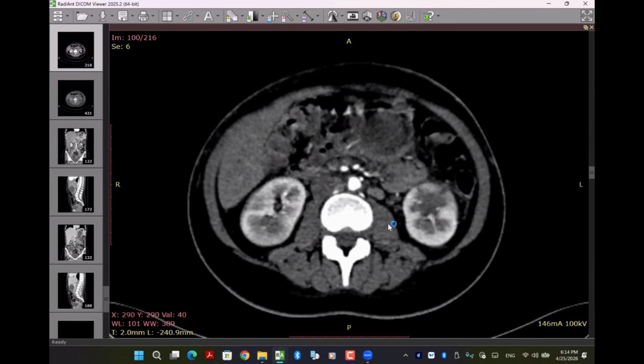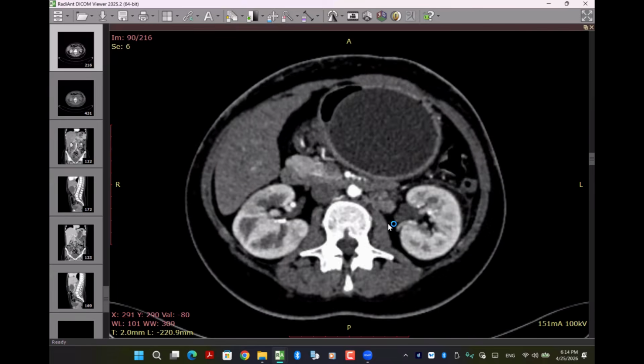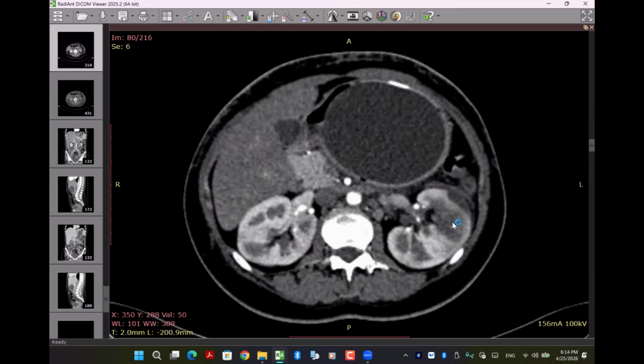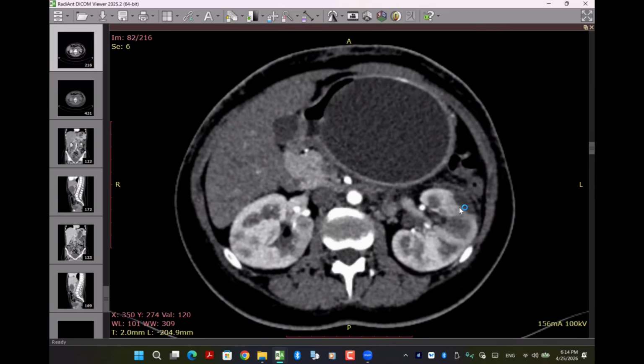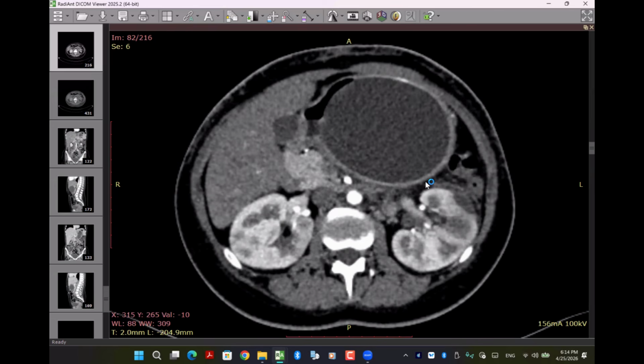There is also a mild loss of continuity with the cortex, I guess. It could be due to a rupture. It is a perinephric collection or perinephric abscess. Actually, you can be more precise. It is a subcapsular collection, and this is indenting the capsule of the kidney.